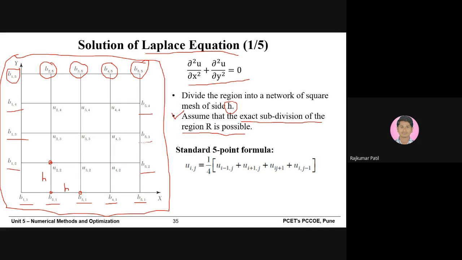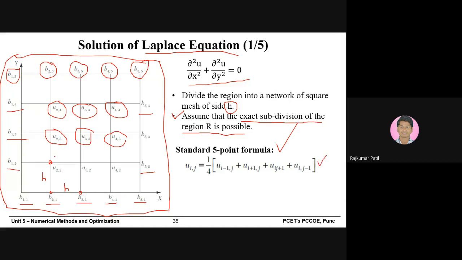All these values are known or given to us, or we are going to decide these values. Once you get these values, you calculate the value of each intermediate node, and for that we can use the standard 5-point formula. We will explain this formula in the next slide.